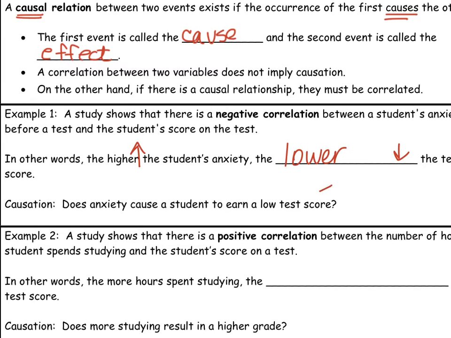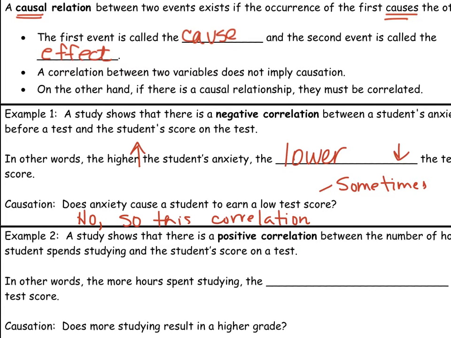The answer to that might be sometimes. Is there a relationship between the two? There may be a relationship, but can we prove that anxiety causes lower test scores? The answer is no, we can't prove that. So we will call this correlation. There might be a relationship, but we can't prove that one thing causes the other.